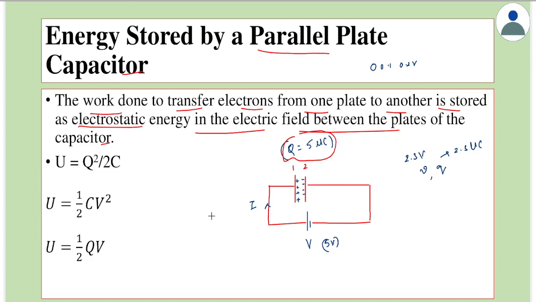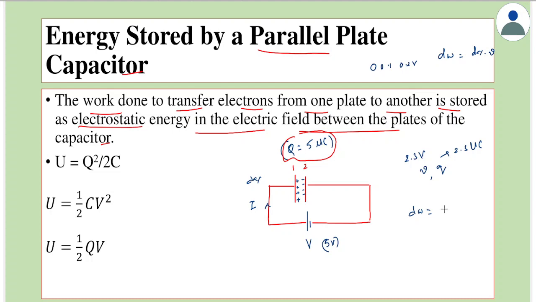Let a small amount of charge dq be displaced, that is, flow from here. The work done in this case we call dw. So dw is the work done for the small displacement, and we recall that work done is charge moved times potential difference.